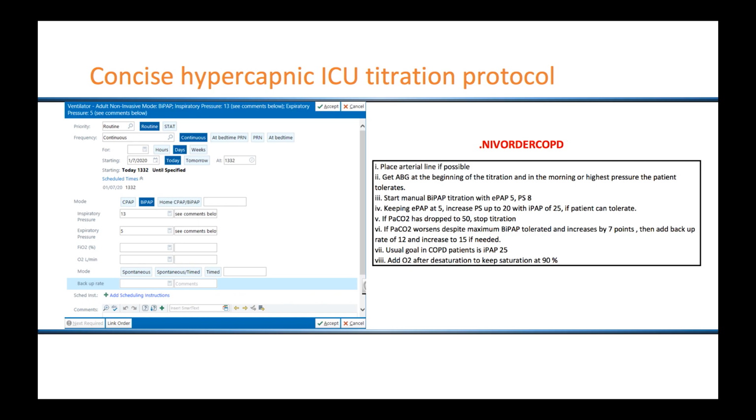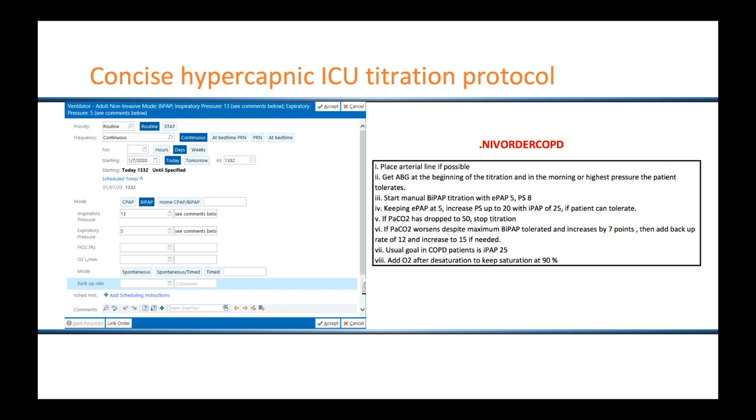Get an ABG at the beginning of the titration as well as in the morning or the highest pressure tolerated. As mentioned on the side, you begin the titration with an EPAP of 5 and then you add a pressure support of 8. So that's where you get 13 over 5. We keep the EPAP steady and increase the pressure support up to 20 for an IPAP of 25 if the patient can tolerate it. If at any time the PaCO2 drops to less than 50, you can stop the titration.